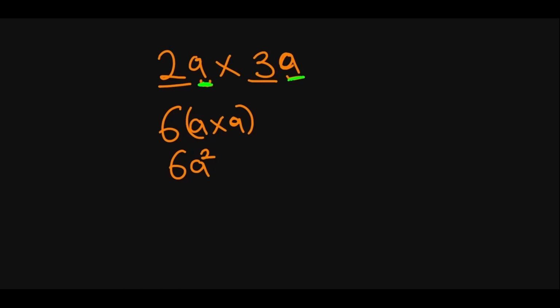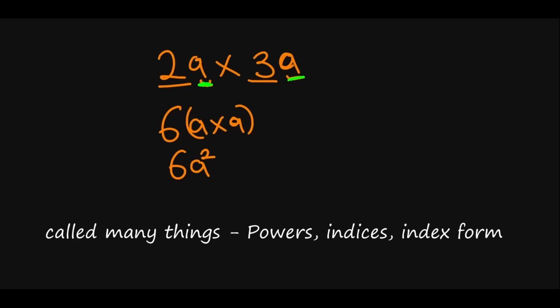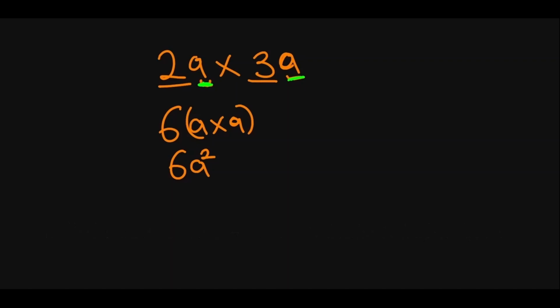So that is how you multiply in algebra. Don't bother yourself so much about this superscript stuff, because that is the next lesson anyway. Powers. This superscript is what we call powers or indices. So we will look at that in the next lesson. But for now, let's just focus on what multiplication is all about.